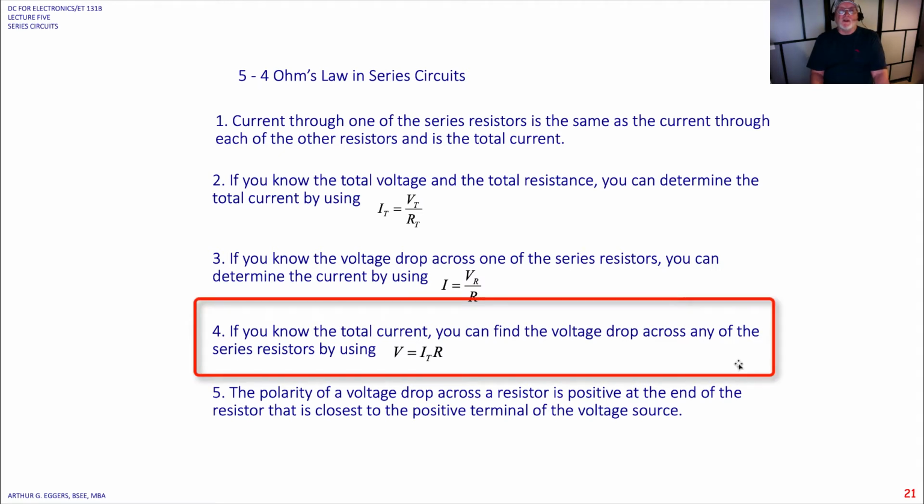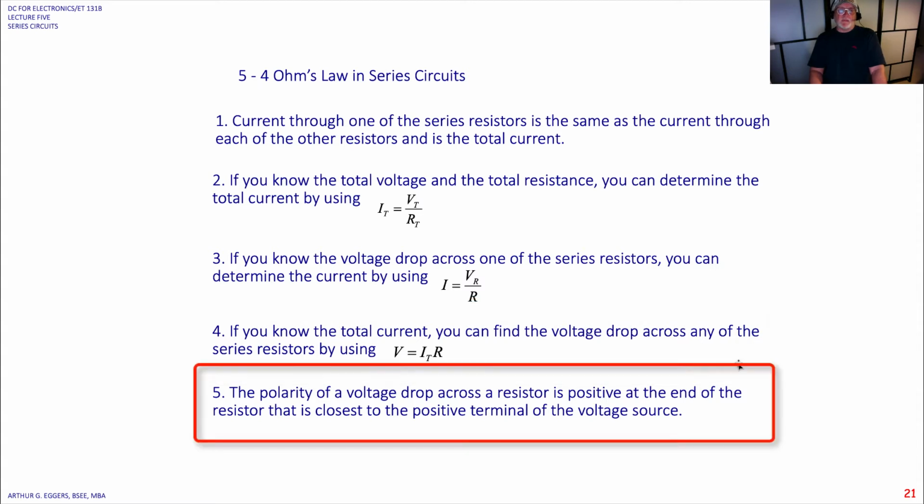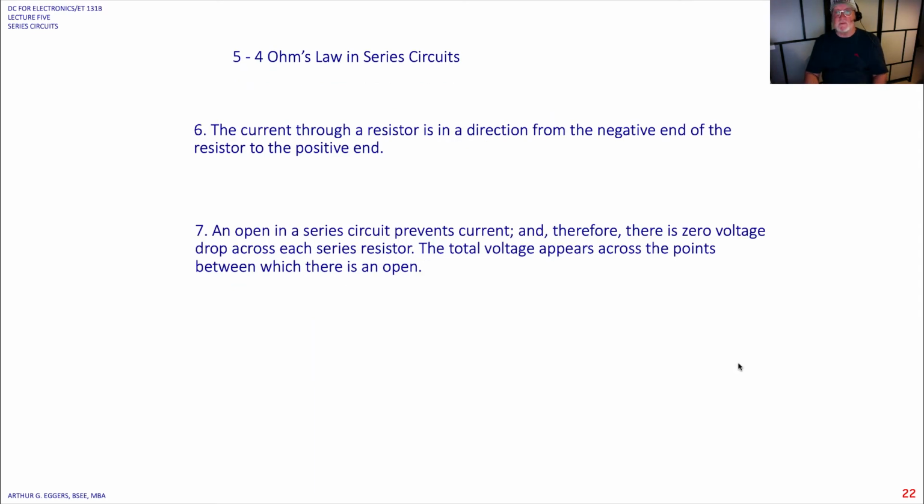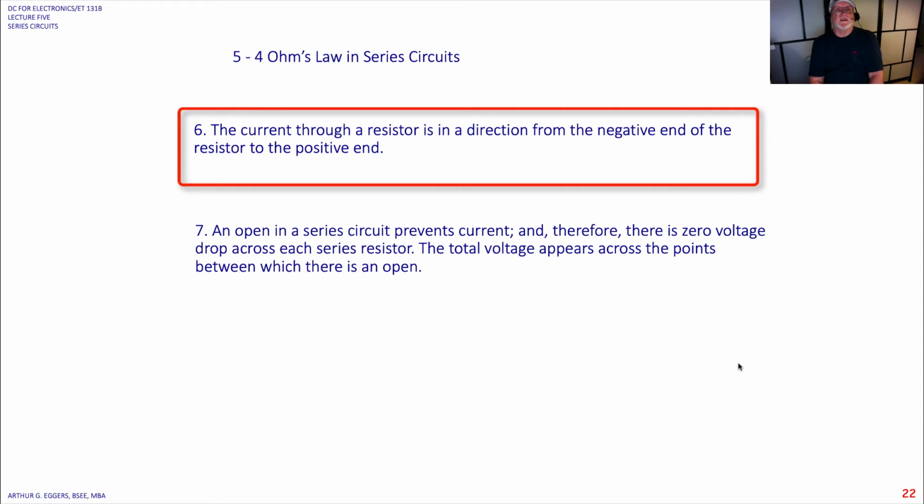4, if you know the total current, you can find the voltage drop across any of the series resistors using the product relationship V is equal to I total times R. 5, the polarity of a voltage drop across a resistor is positive at the end of the resistor that's closest to the positive terminal of the voltage source. So you stick with the convention. 6, the current through a resistor is in a direction from the negative end of the resistor to the positive end.